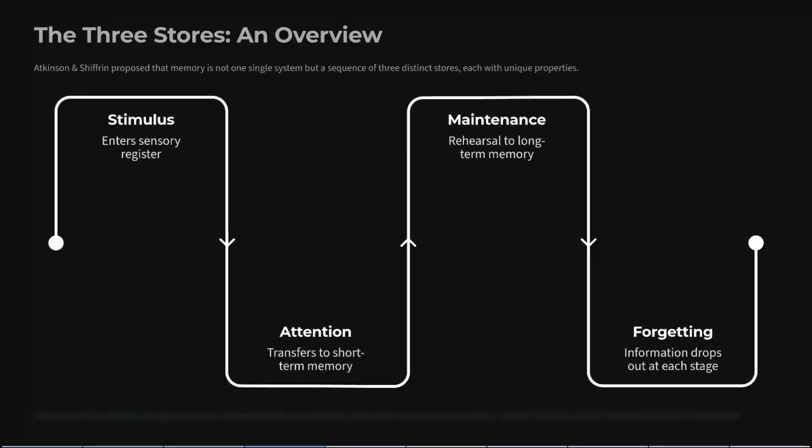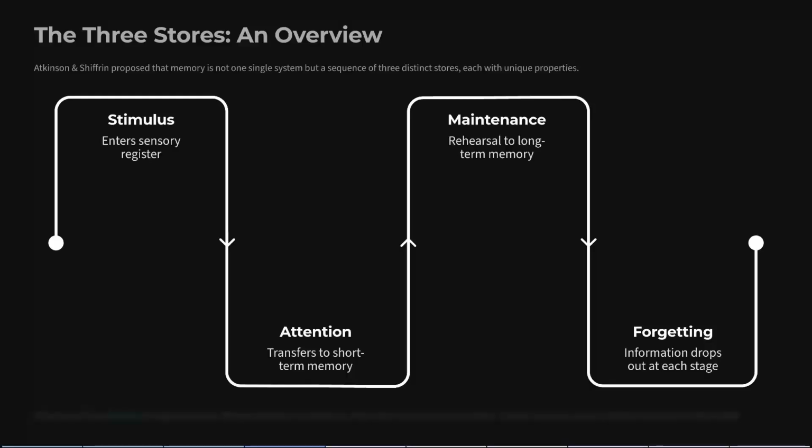It starts with a stimulus from the environment, something you see, hear, smell, taste, or touch. That stimulus enters the sensory register. That's the first store. From the sensory register, if you pay attention to it, the information transfers into your short-term memory, and this is the second store.